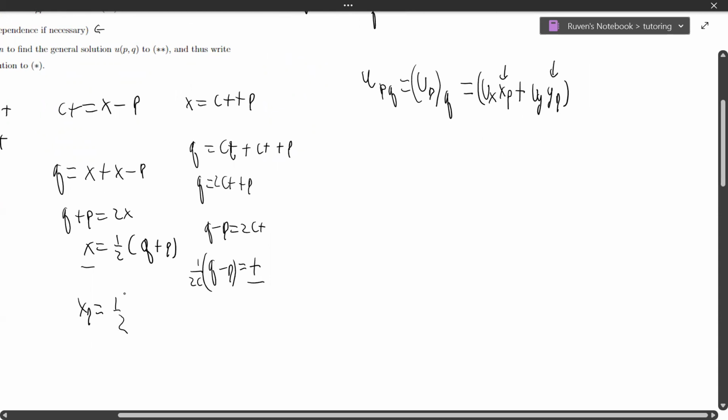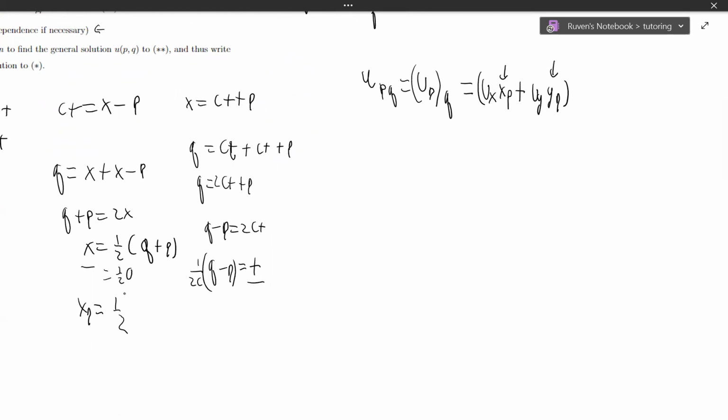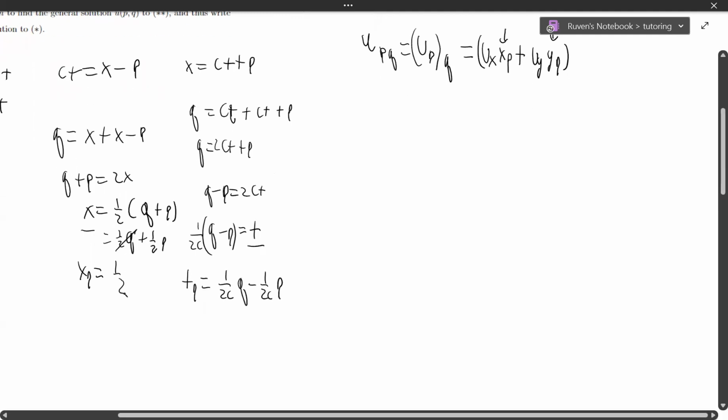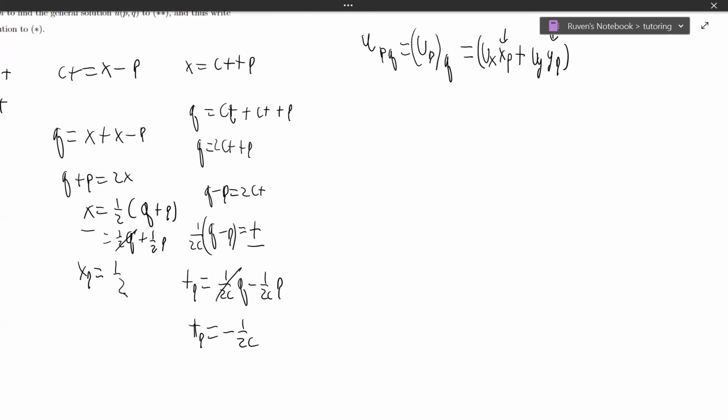The reason is that x is equal to 1/2 q plus 1/2 p, and if we're differentiating with respect to p, then this q will just disappear and this p will become 1. By the same logic, t is 1/2c q minus 1/2c p, so for t_p, this would disappear and we would be left with -1/2c.